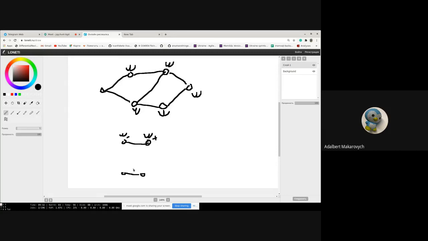All edges that were coming into V will now come into V minus, and all edges that were coming from V will now come from V plus. We also add a directed edge from V minus to V plus with a capacity of W, the same as the capacity of the vertex.